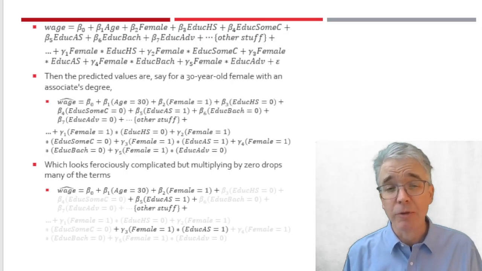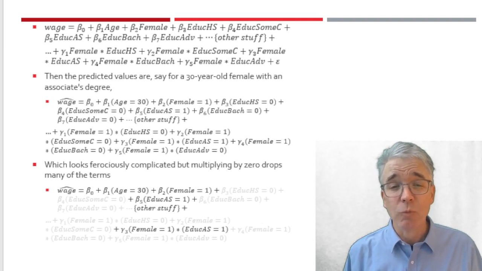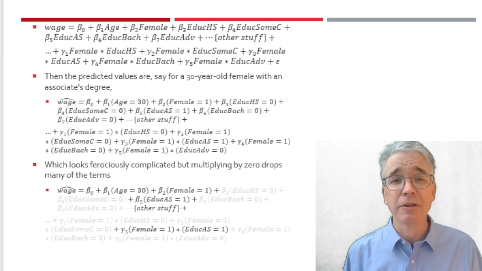For example, this is a pretty fearsome looking econometric model here. It says wage is determined by age, sex, educational levels, and then interactions of sex with education. If one of your goals is to impress somebody, then okay, show off that big, ugly, complicated regression. But if you want to help people understand, then maybe show some predictions.